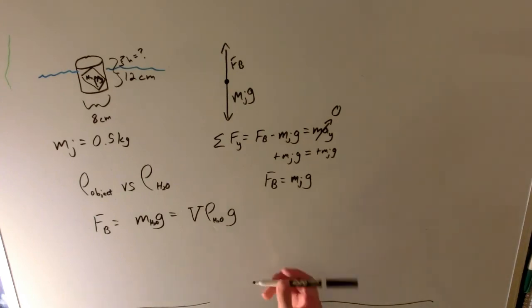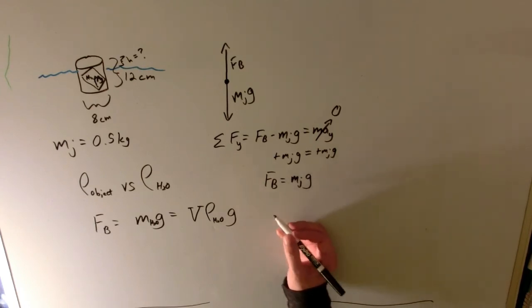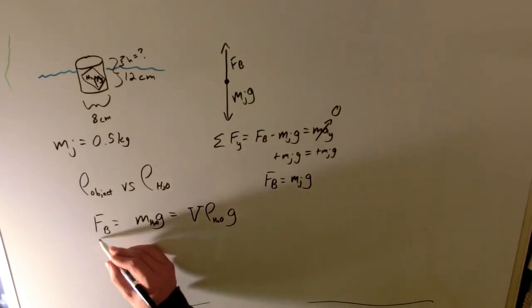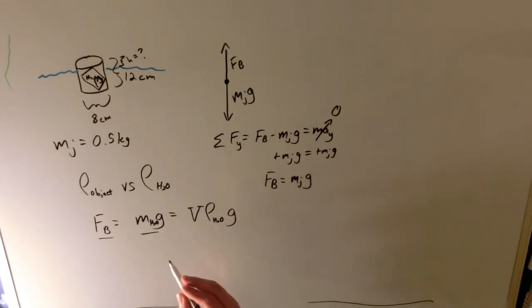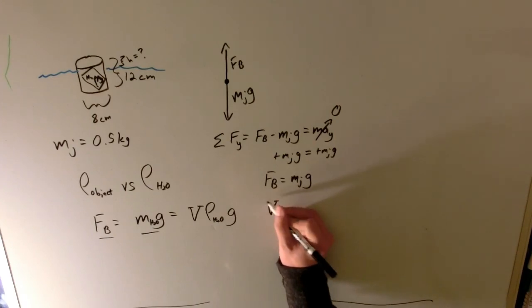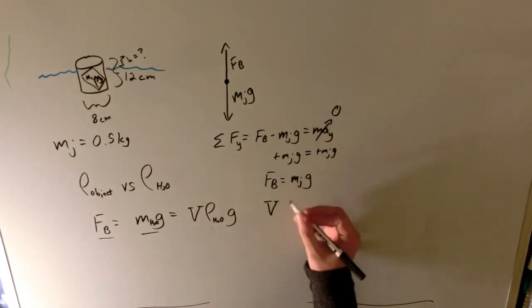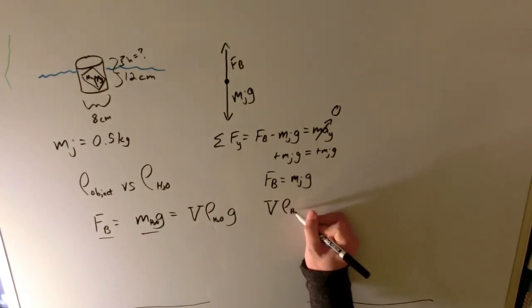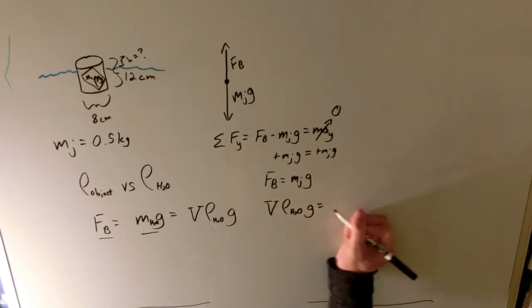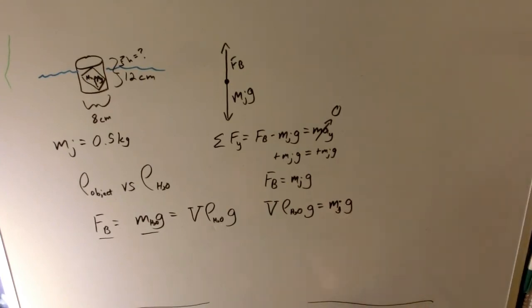Okay, well, we know the mass of the jar, that's 0.5 kilograms. We know the acceleration due to gravity, 9.81 meters per second squared. And our force of buoyancy is nothing more than, we've got marked here, the mass of water displaced multiplied by g, and we can replace that with our volume displaced, so how much space is taken up beneath the water by our jar, times the density of water times the acceleration due to gravity equals our mass of the jar times acceleration due to gravity.